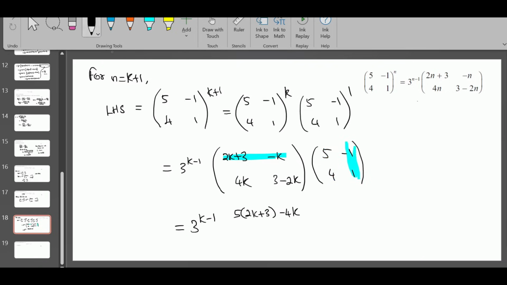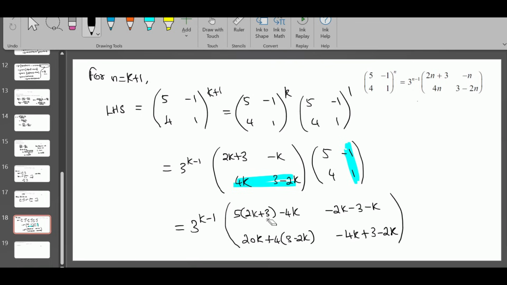So we'll get minus 2k minus 3, minus k. And then do the same thing with the second row on the first column. Just matrix multiplication: 4k times 5 is 20k, plus 4 times 3 minus 2k. And then multiply by the second column: minus 4k plus 3 minus 2k.